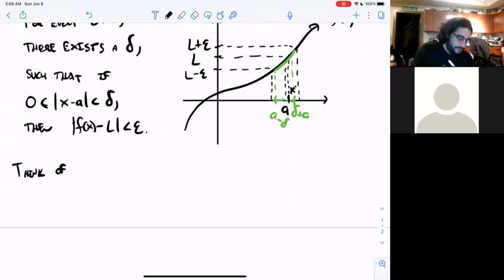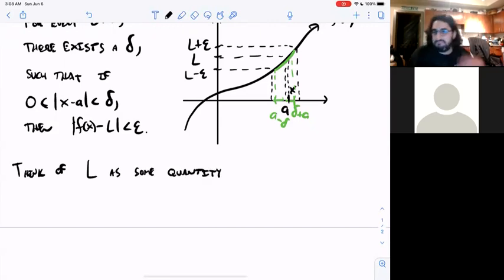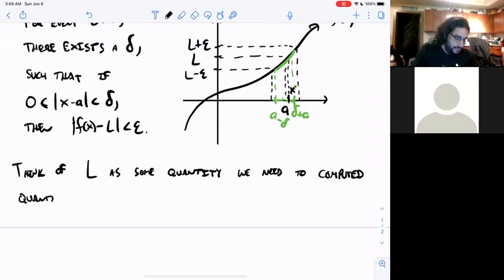So think of L as some quantity that you'd like to compute in a science lab, in a manufacturing process, whatever it might be. It's going to be some computed quantity using the function f.